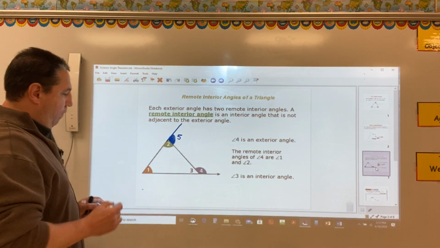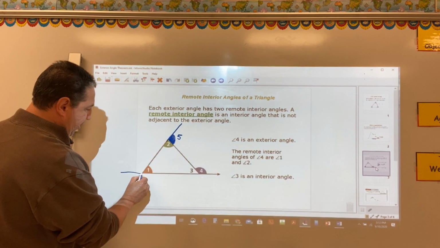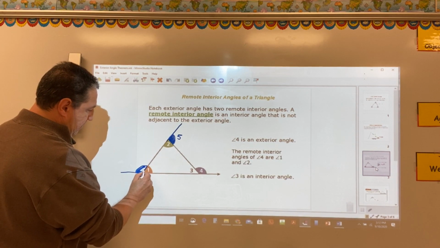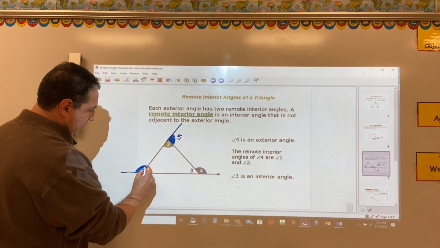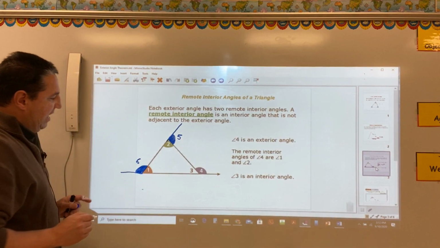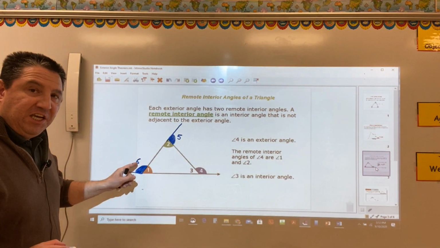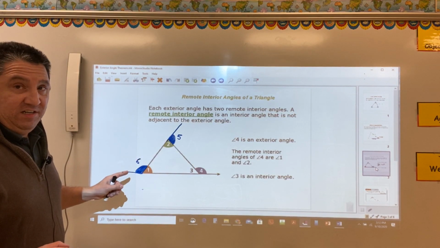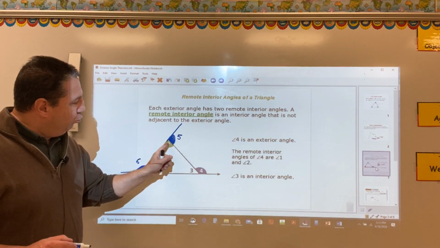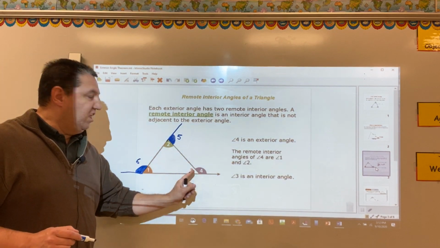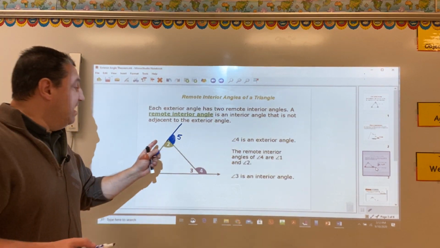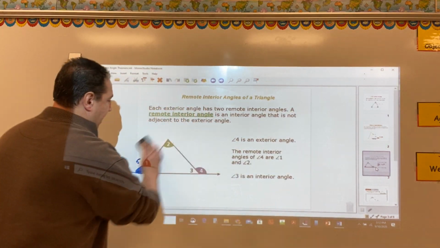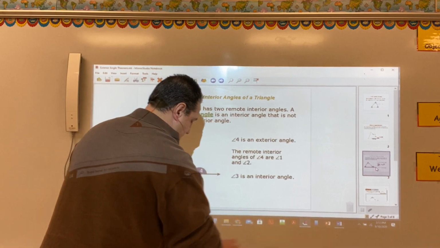And for the third one, let's say 6, the remote interior angles associated to 6 would be 2 and 3, because 2 and 3 are interior and non-adjacent. Good.